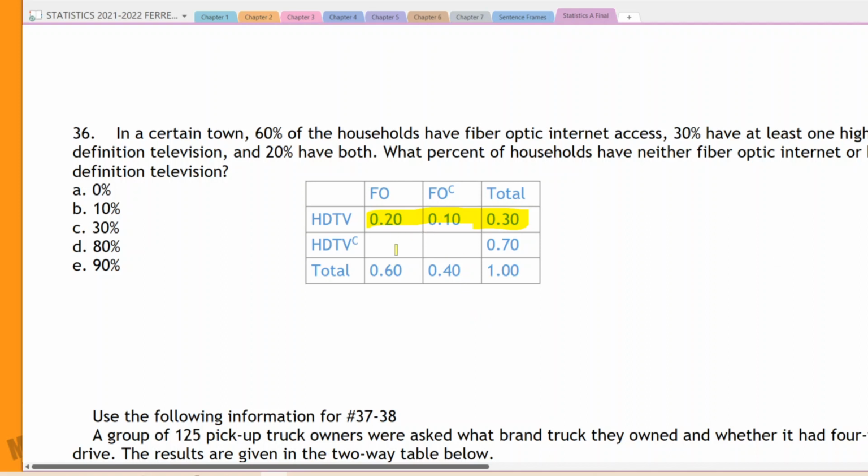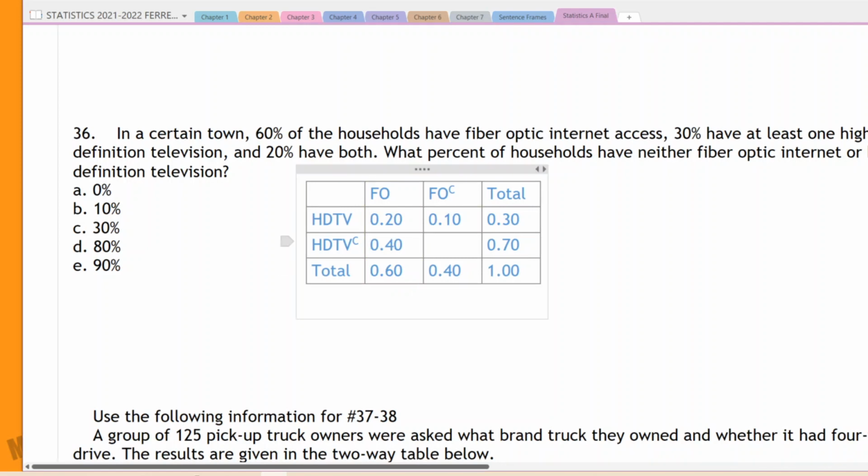Okay. Looking at the fiber optic column, we've got 20% have fiber optic and HDTV. That means 40% have to have fiber optic and no HDTV because the fiber optic column has to add up to 0.60.